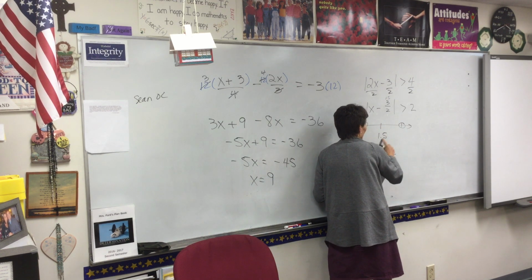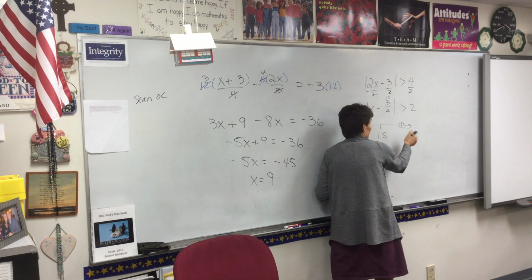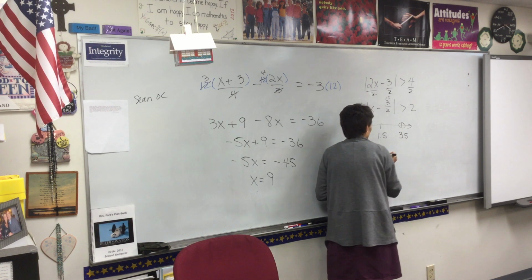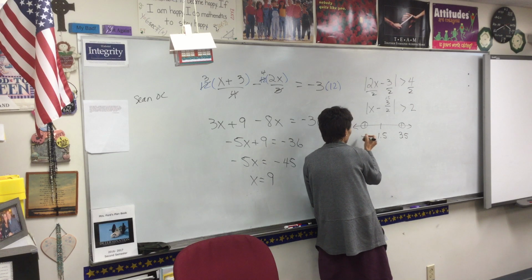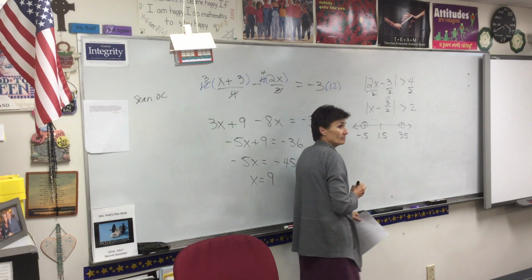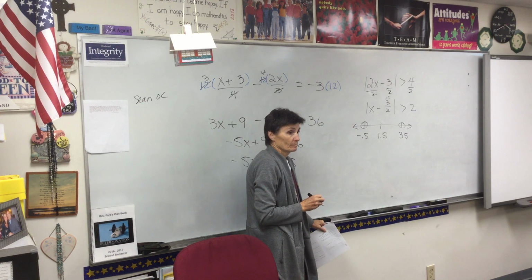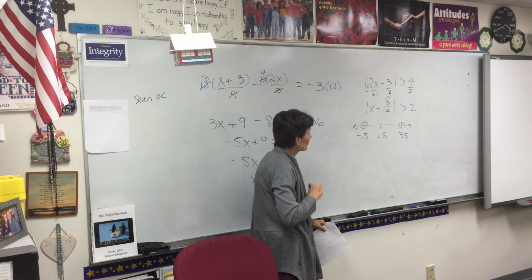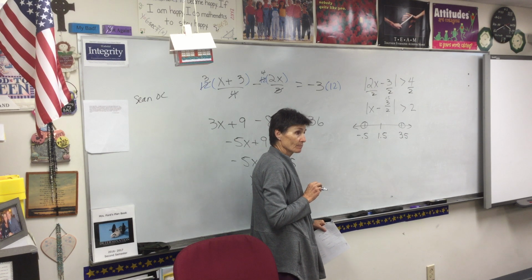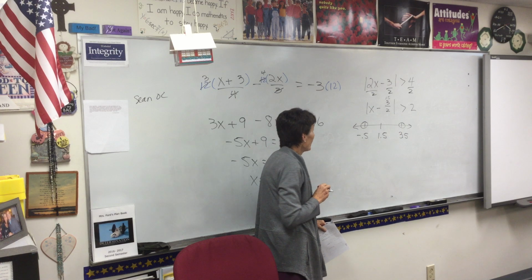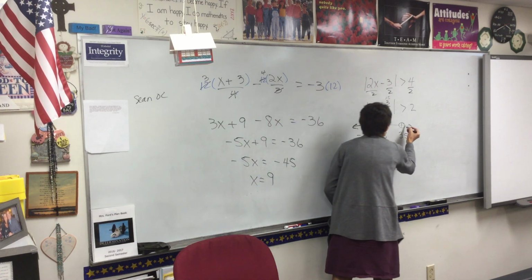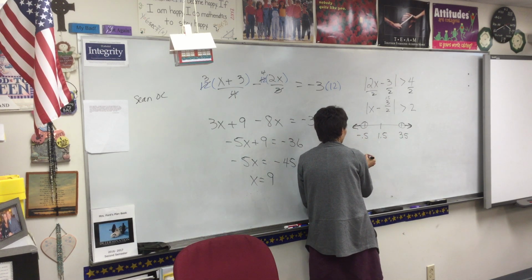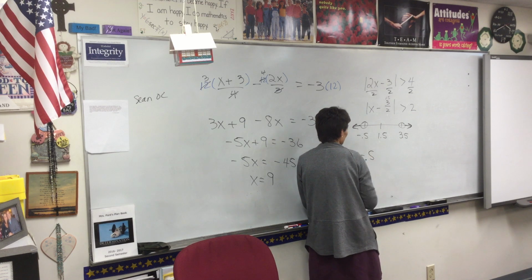So to get this dot, we're going to add 2. And to get this dot, we're going to subtract 2. And then we decide where we're going to shade. Outside. So x is less than -0.5.